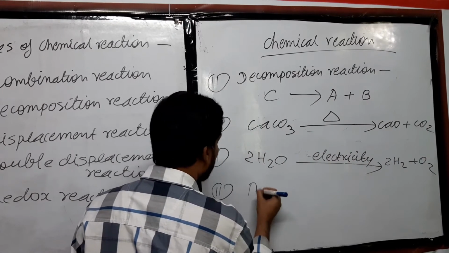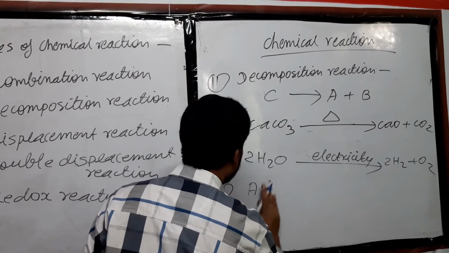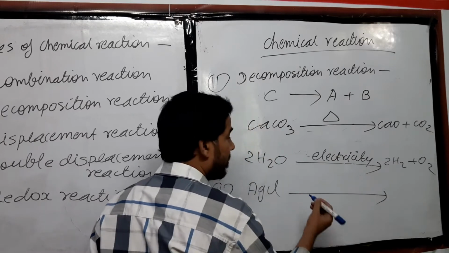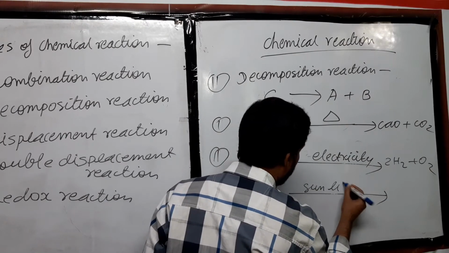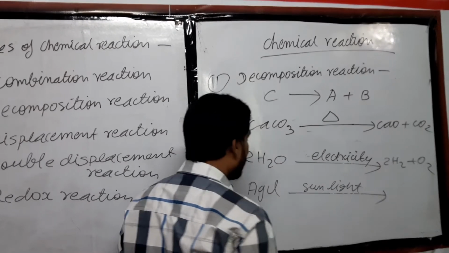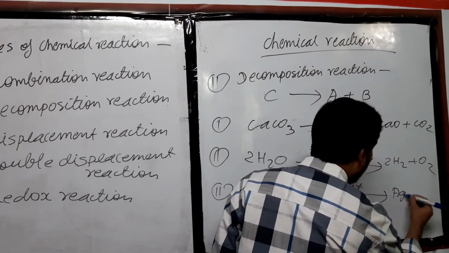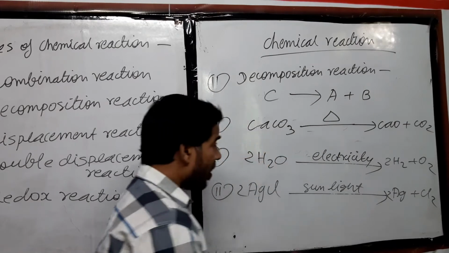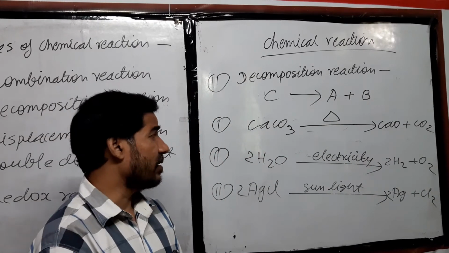Third, AgCl, means silver chloride, when it is kept in sunlight, breaks into silver and chlorine. So all are examples of decomposition reaction.